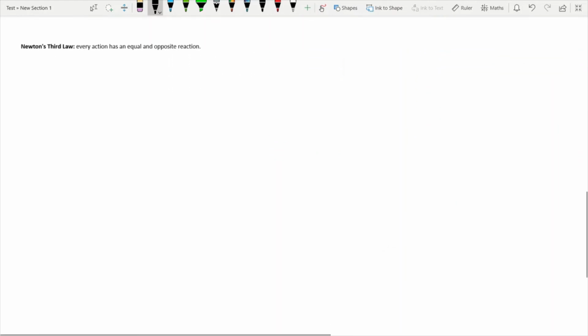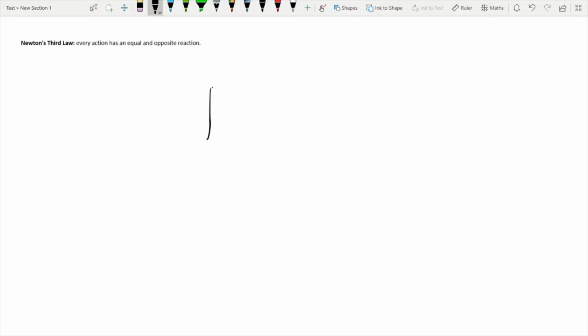And finally, Newton's third law. Every action has an equal and opposite reaction. So, for example, if we have a rocket, what happens with the rocket is the exhaust fumes are sent out the bottom. So you get like a fire out the bottom.